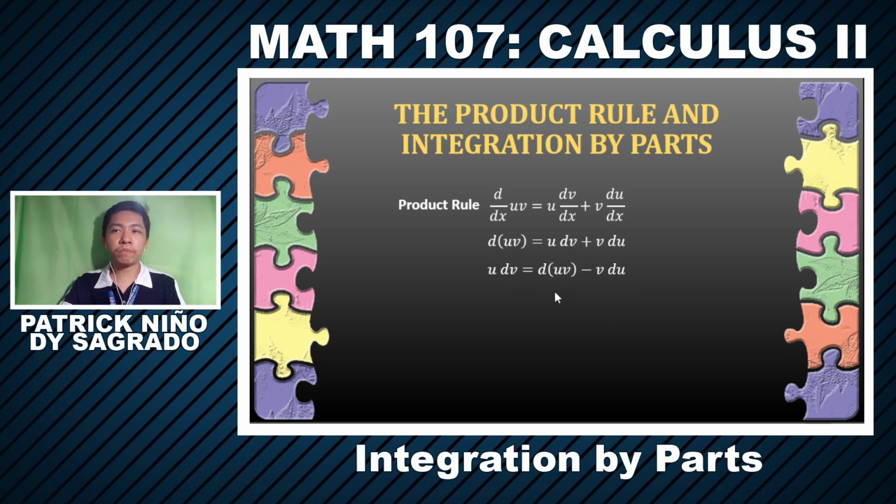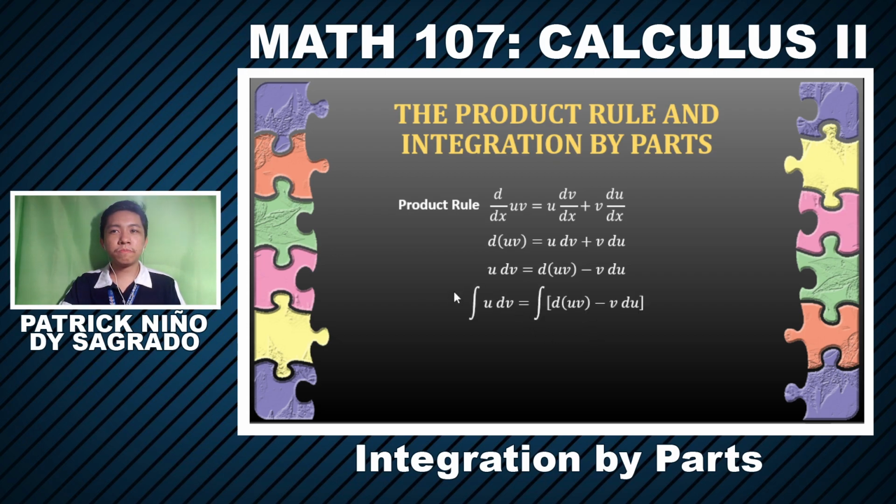I mean integration by parts rather. So we isolated u dv and, through the addition property, we have now u dv is equal to d multiplied by uv minus v du. What do we do next?